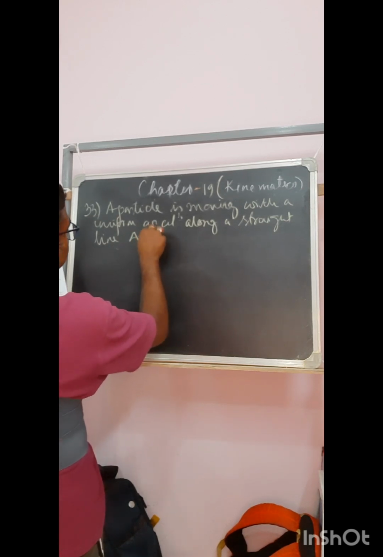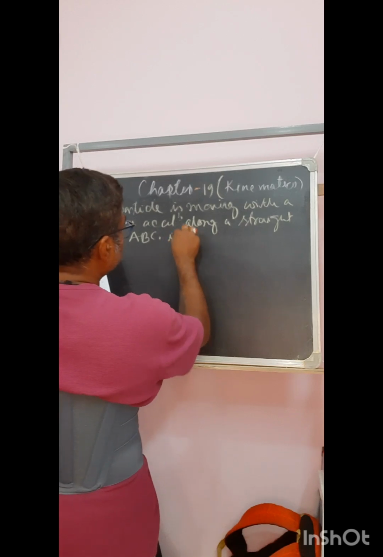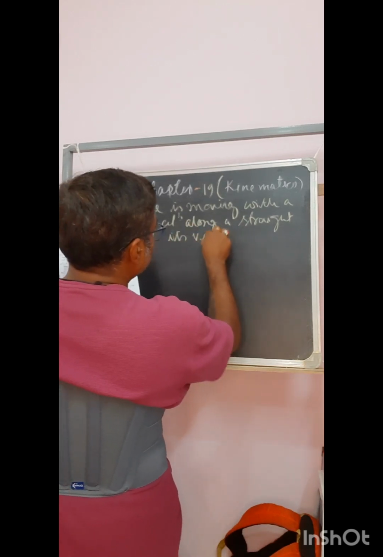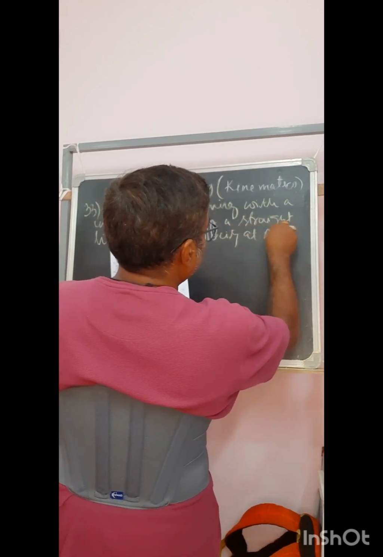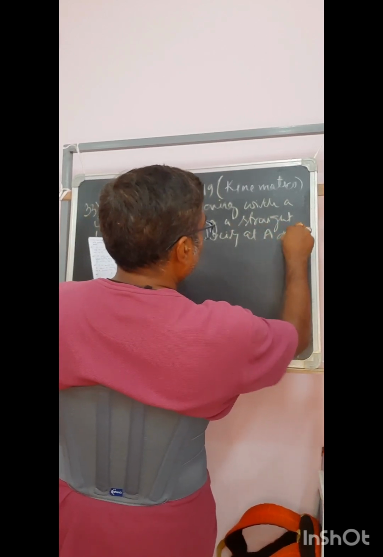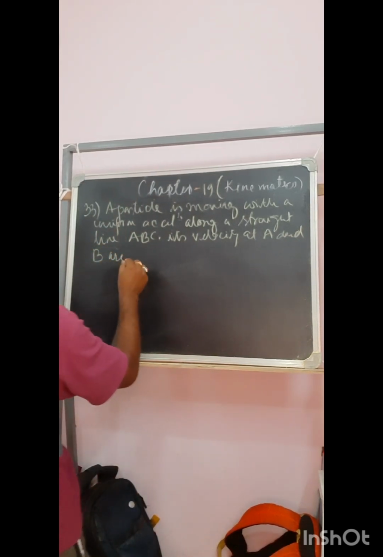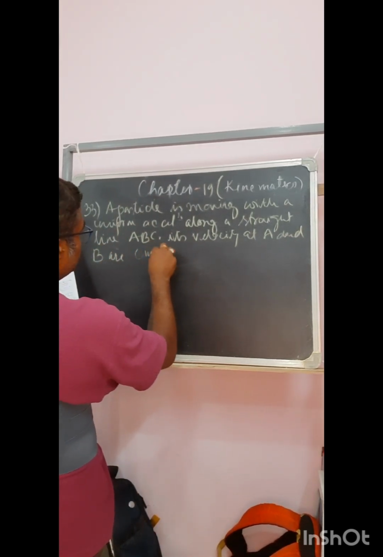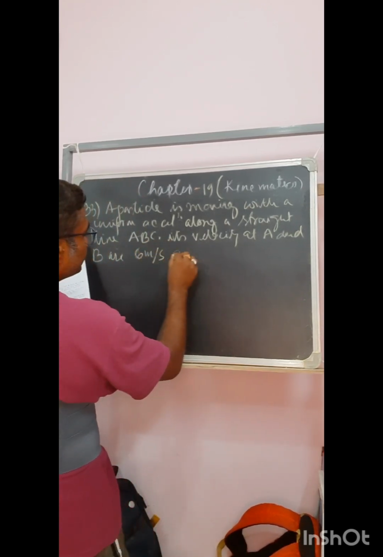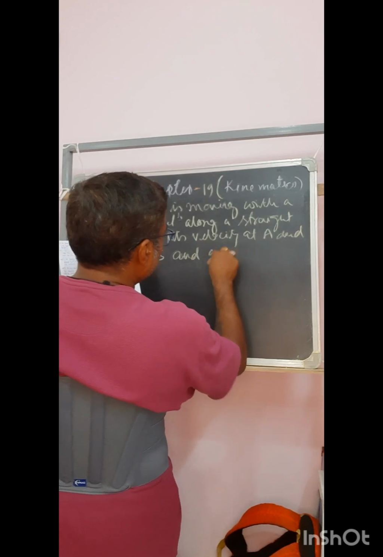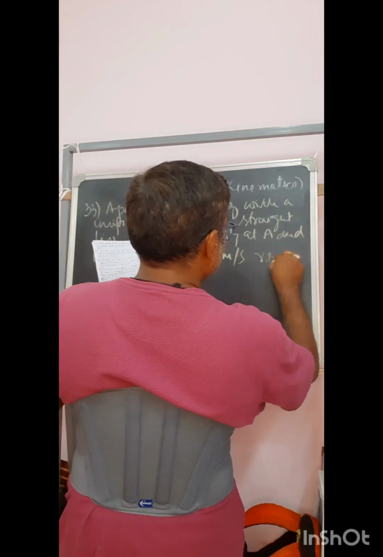Its velocities at A and B are 6 meter per second and 9 meter per second respectively.